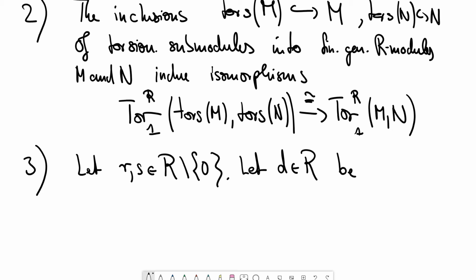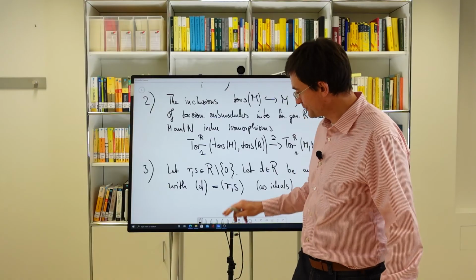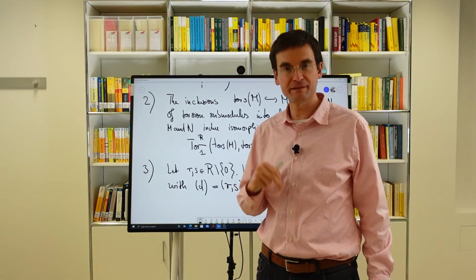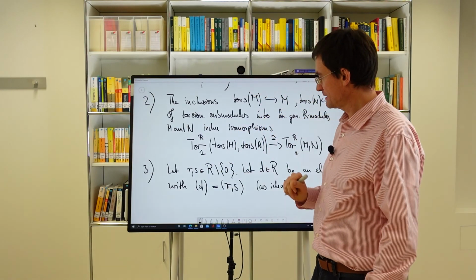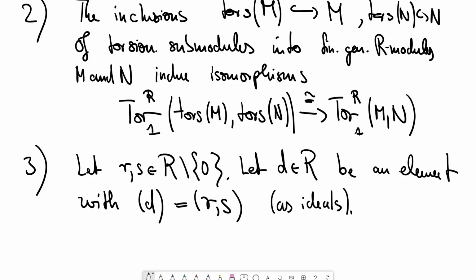So what I mean is that d is an element that generates the ideal generated by r and s. It's a principal ideal domain. We know that any ideal, also the ideal generated by the two elements, is generated by one element. And we take, it's not necessarily unique, but we take one such element, d. And this plays the role of the gcd in the case where R is just the integers.